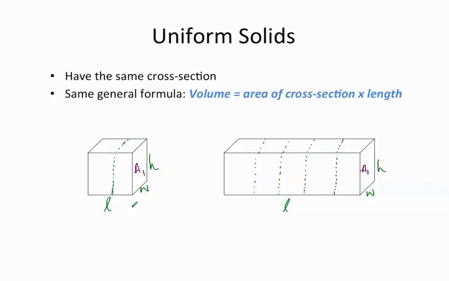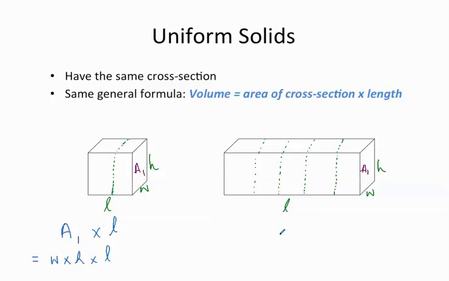Okay, so if we have a cube over here, if we look at A1, it's going to be A1, which is the cross section, multiplied by the length. So if we look at what the area of A1 actually is, it's going to be width multiplied by the height, multiplied by the length. And you may already know that, so length multiplied by height multiplied by width is the volume of this one.